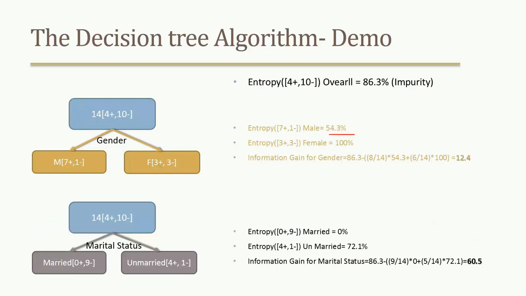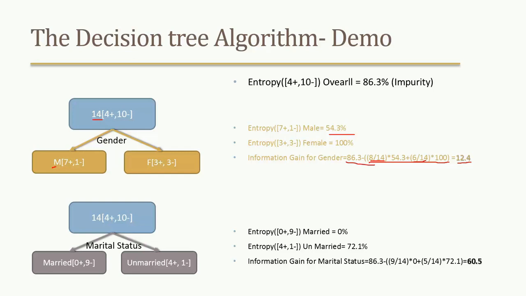Out of 14, 8 are male, so the node weightage is the number of items within that node, that is 8 by 14. So 6 by 14 is the female node weightage. The information gain is the entropy before the split, 86, minus the entropy after the split. So for gender the information gain is 12.